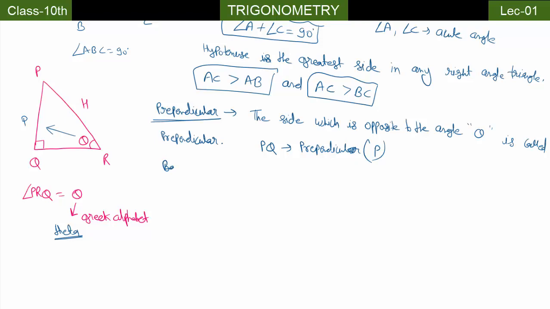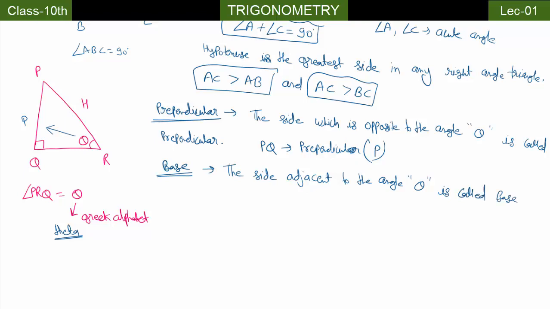So here we will write base, and here we can say that the QR side, which is adjacent to the angle theta, is called the base. If we want to write the definition of base, we can say the side adjacent to the angle theta is called base.